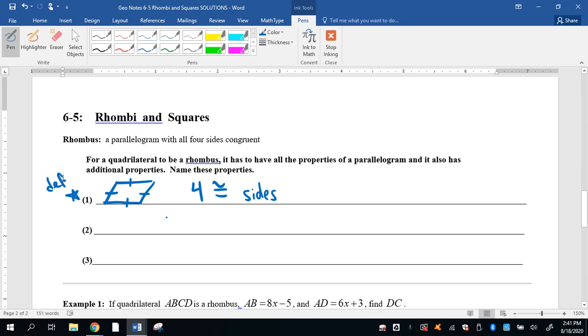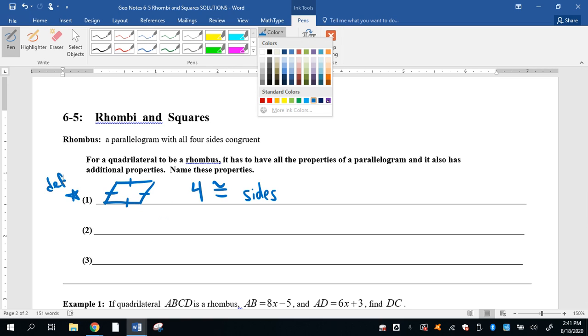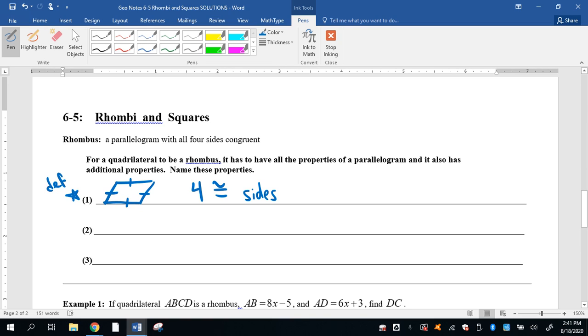If you draw in the diagonals, you'll see that they are perpendicular. So diagonals are perpendicular, or you can say the diagonals meet at right angles. In addition to the diagonals meeting at right angles, there's something else that's interesting about the diagonals.